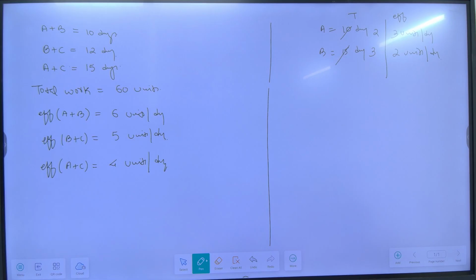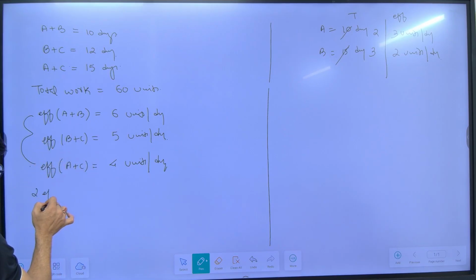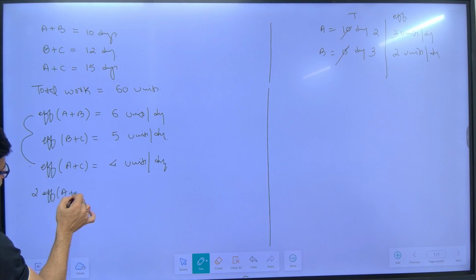See, this is called a kind of cycle in mathematics. You have AB, BC, AC, right? Everything appearing 2 times. Whenever we have such cases, right? Add them. Add all 3. So if you add all 3, this will give you twice the efficiency of A plus B plus C or not?